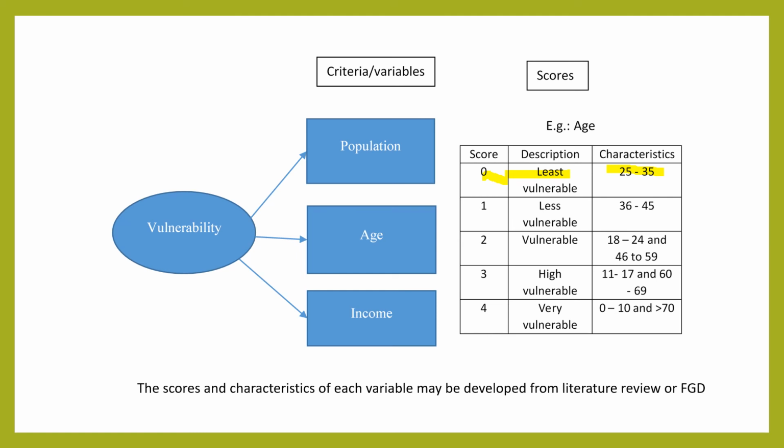And then less vulnerable, high vulnerable, very high vulnerable. So if you have a very vulnerable characteristic, like kids and old people, you may put a high score for vulnerability. So this is how you quantify and make it into values.